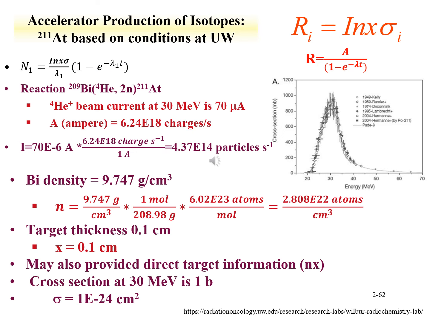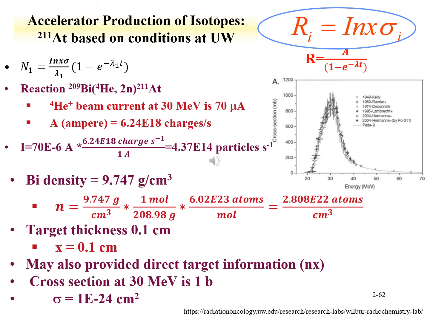Equations that show the production of isotopes from accelerators were also provided, and we're going to show an example of that using the production of astatine-211 based upon conditions that are used at the University of Washington. The equation that was used is shown here, and the components of this equation, as a reminder, include your beam current, which ultimately is particles per second, the projectile particles hitting the target.